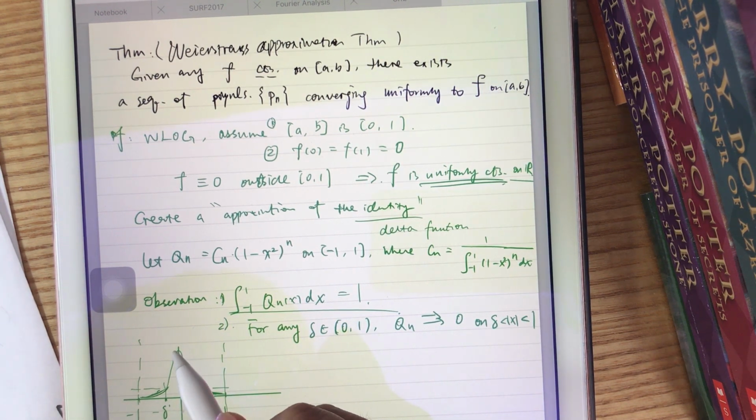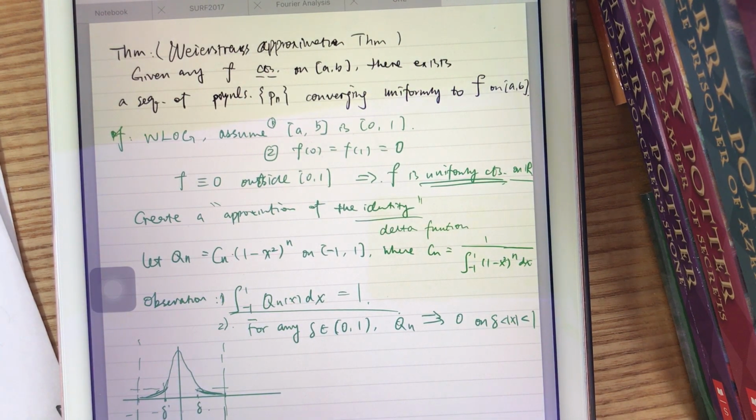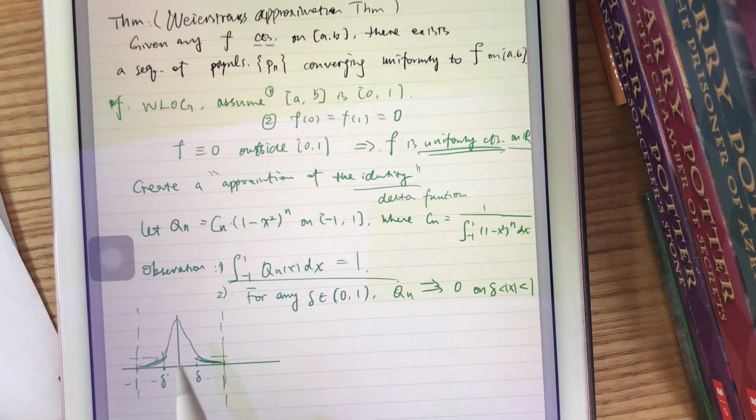It spikes, so that the integral of it will be 1, right? Because you can take delta to be extremely small, but no matter how small it is, the function will spike near 0, near the origin, because its integral has to be 1, right?